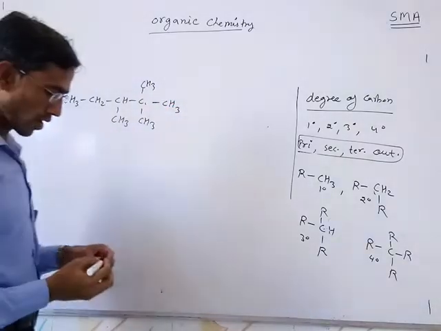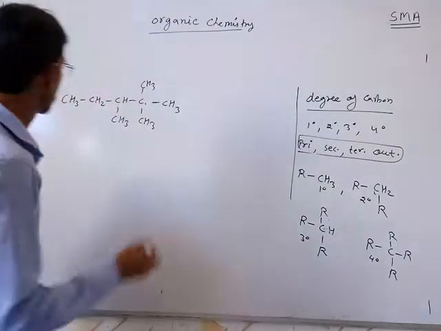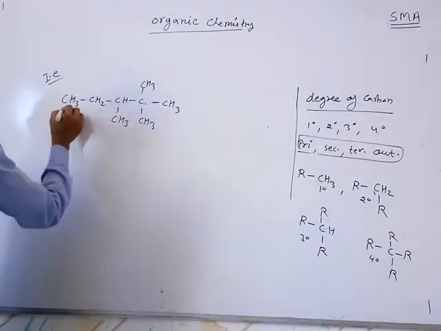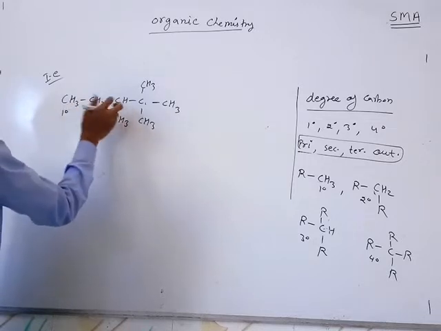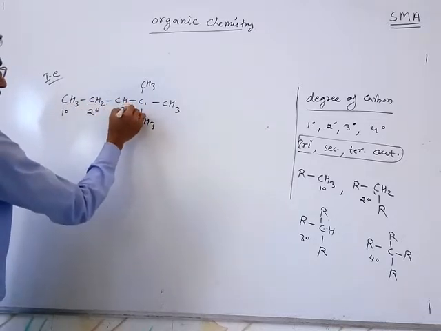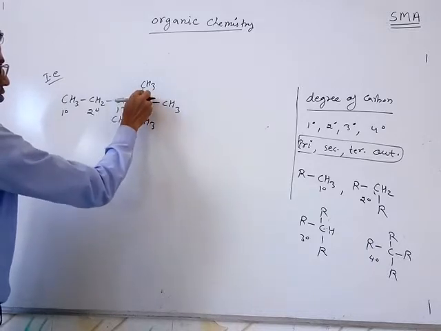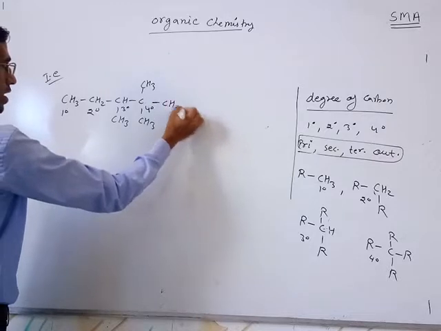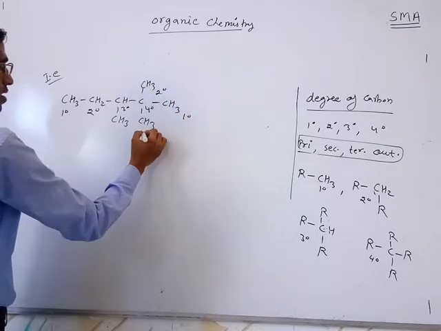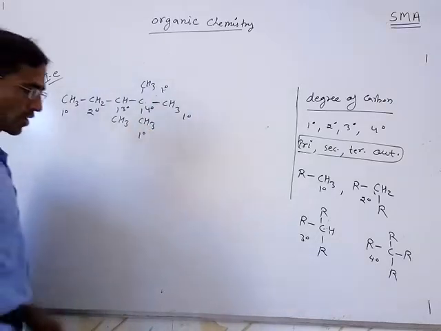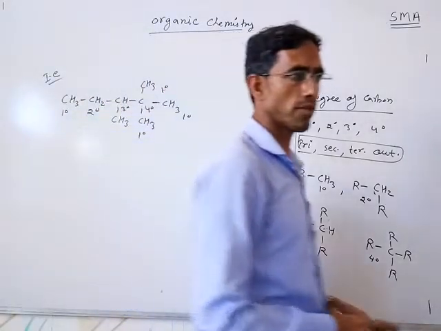Find the degree of each carbon. Okay. This carbon is attached to only one carbon, so it is 1 degree. This carbon is attached to 1 and 2, so 2 degree. This carbon is attached to 1, 2 and 3, so 3 degree. This carbon is attached to 1, 2, 3 and 4, so it is 4 degree. The others are 1 degree and 2 degree. Easily we can find the degree of carbon.